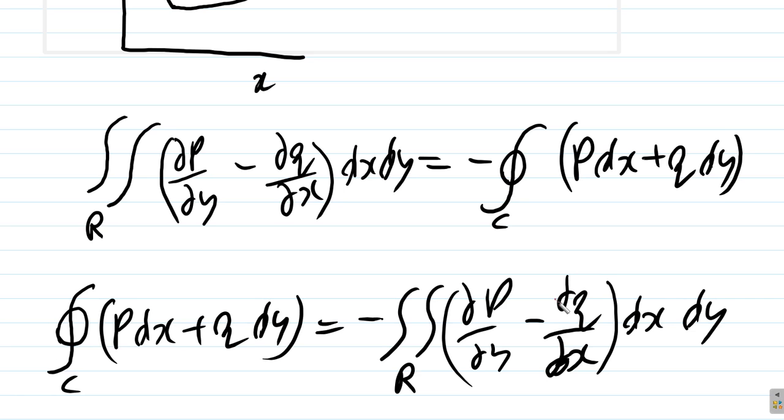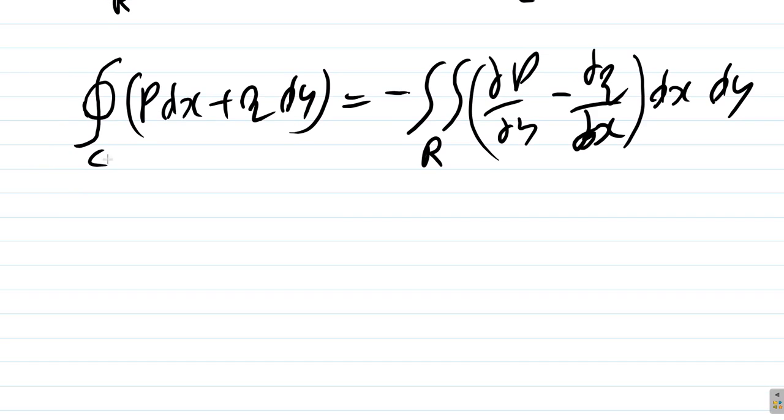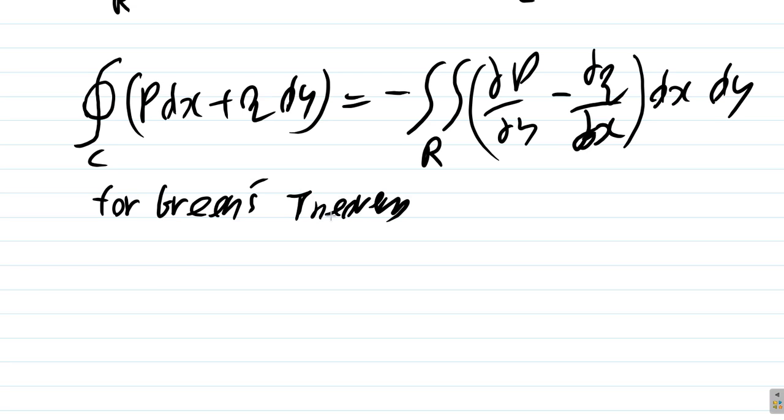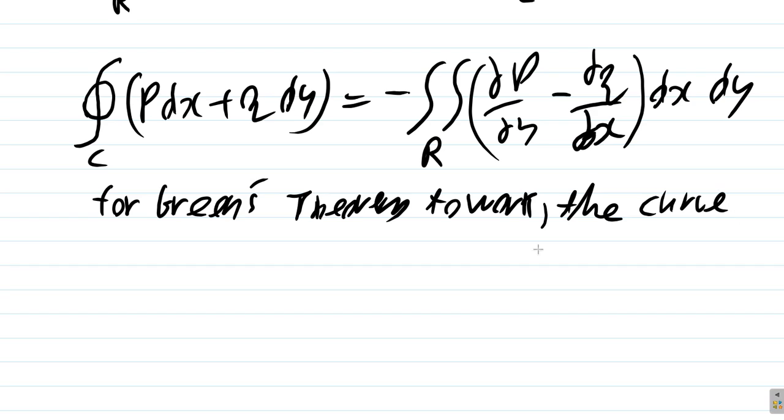Now, you have certain conditions that must be met for Green's theorem to be applicable. So, for Green's theorem to work, the curve must, these are the conditions: One, it must be closed.